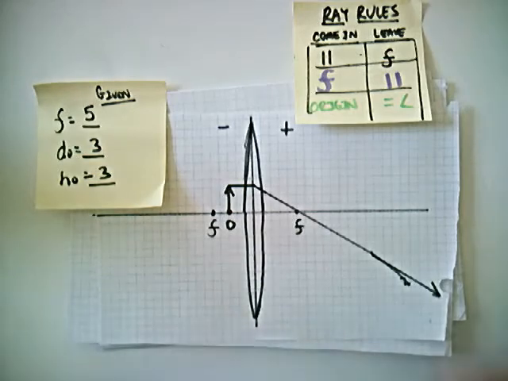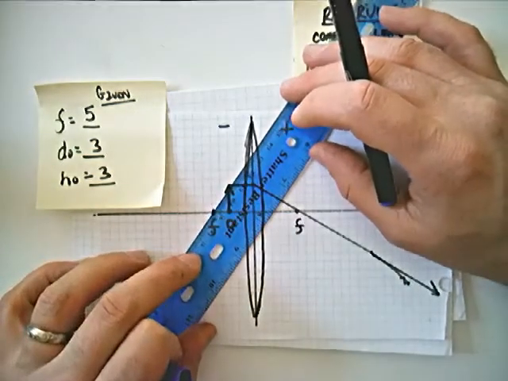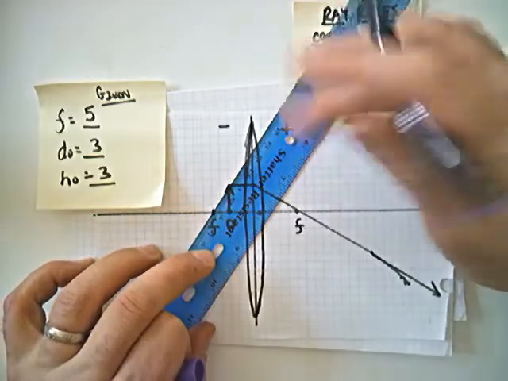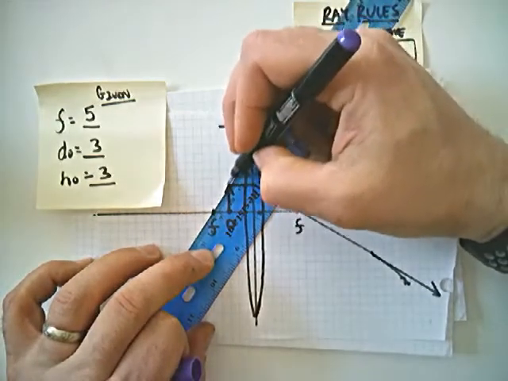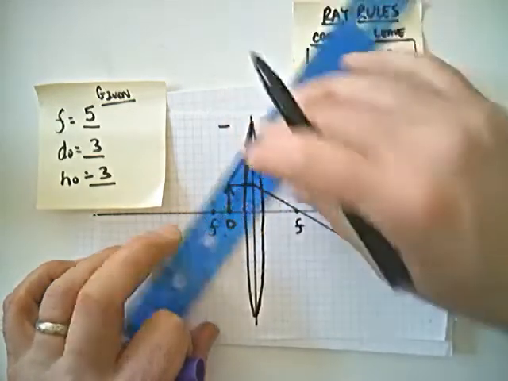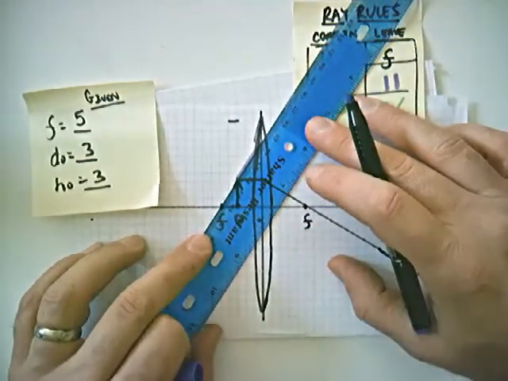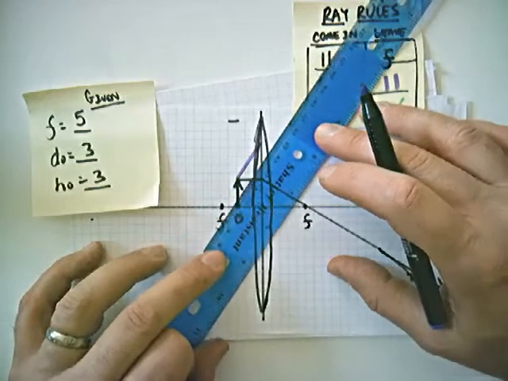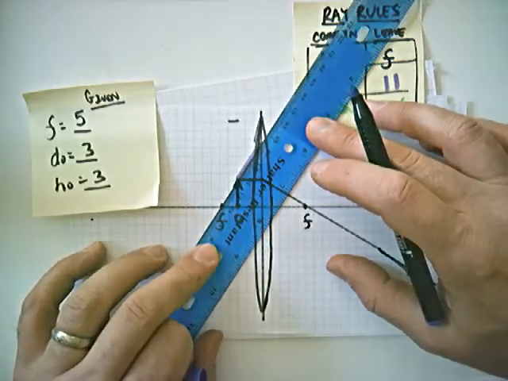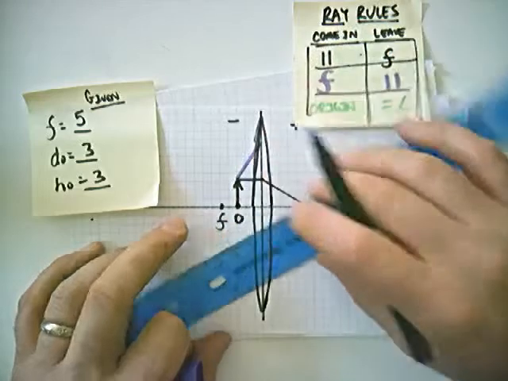Okay? Then we're going to do it for the second ray. We're going to go focal parallel. So we're going to take our ruler, line it up with the focal point, depart, hit the lens. Notice how I did that, okay? For all of you that struggle with where do these lines come from? I'm lining up with the focal on the top of the arrowhead and coming into the y-axis.